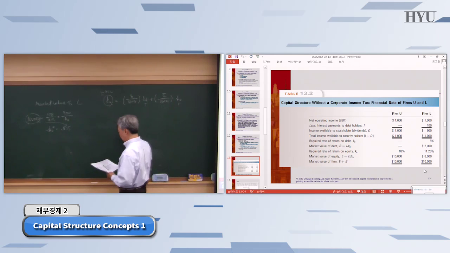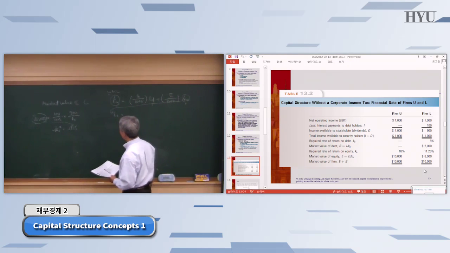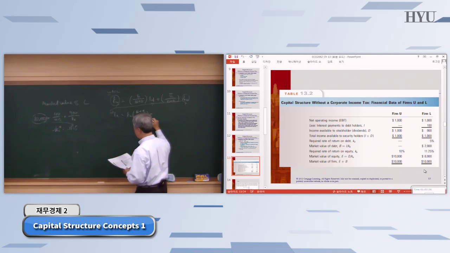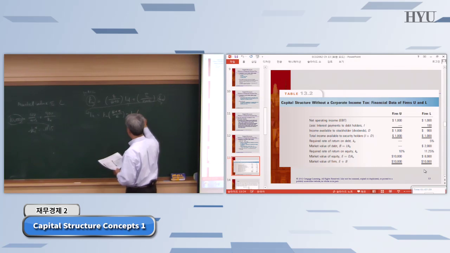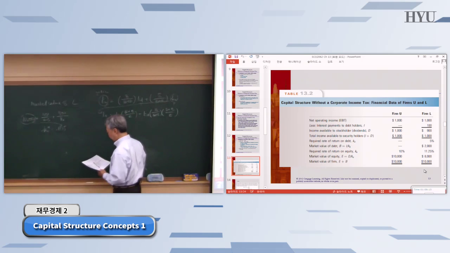And based on that, we can rearrange for KE. KE is KA times B plus E over E minus KD times B over E. I'll just write it down and I'll let you verify that.